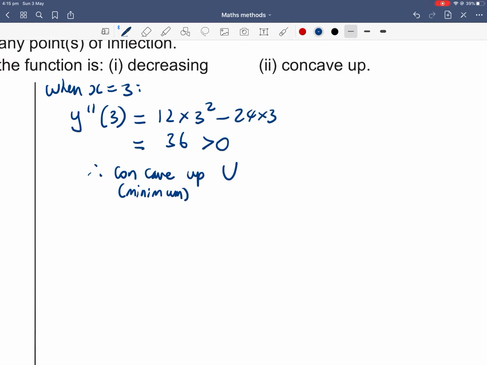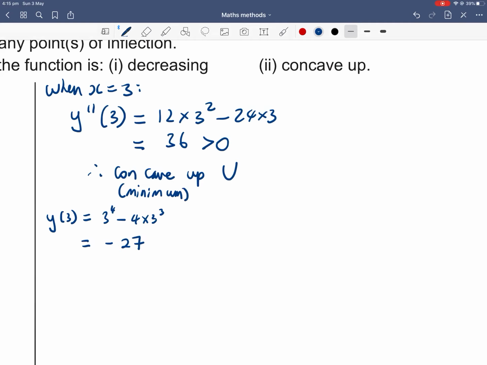So we need to work out the corresponding y value for when x equals 3, because when we graph something, we need the xy point. So the y value when x equals 3 is 3 to the 4 minus 4 times 3 cubed, which gives us negative 27. I'm pretty sure.